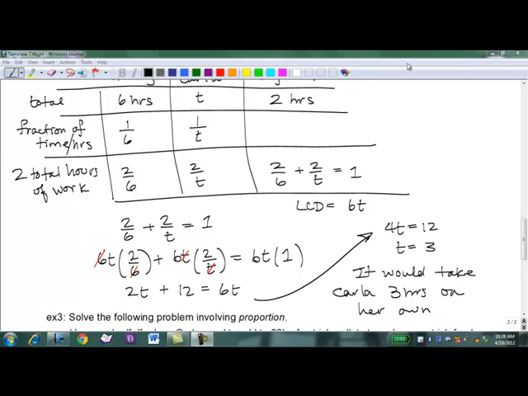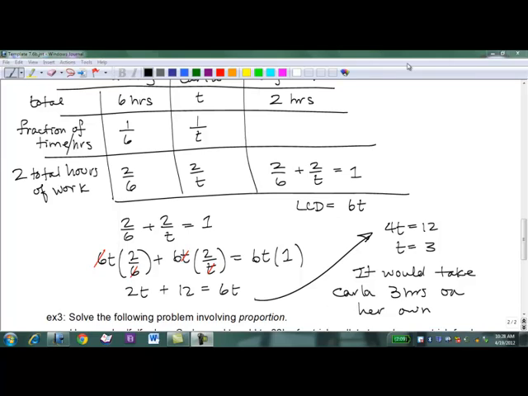So let's recap a little bit with work. You make a fraction of the time per minute or hour or whatever the unit of time is. So for this it was 6 hours for Lenny. So he does the work in 1/6 of the time, let's say. For Carla, since that's the variable t, she does the work in 1/t time.